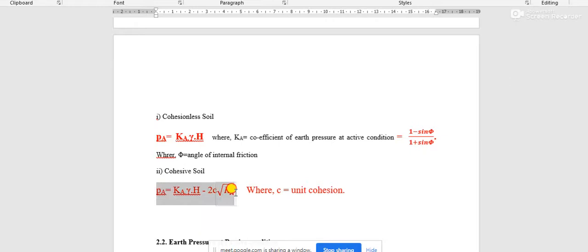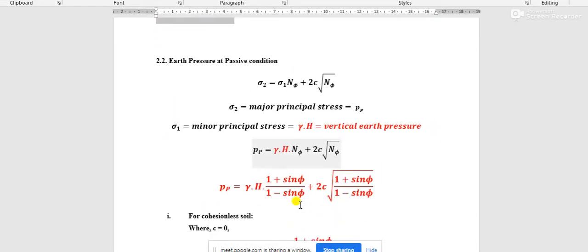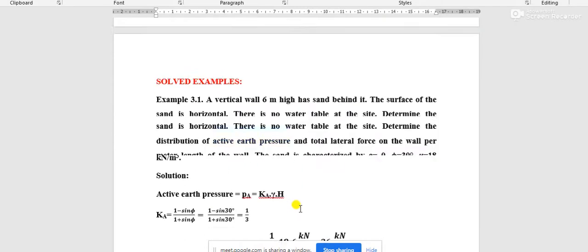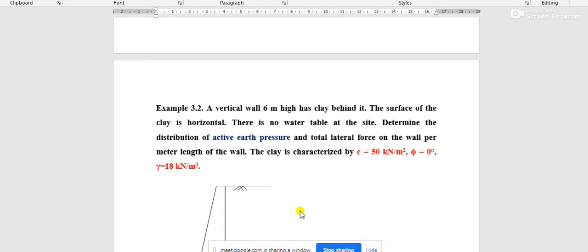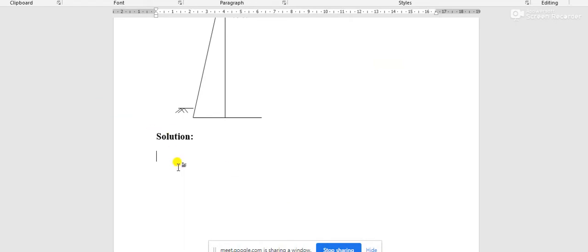We may take this equation as that. This is the equation for cohesive type of soil with a value of C not equal to 0.